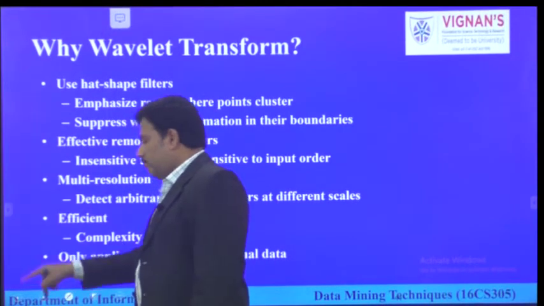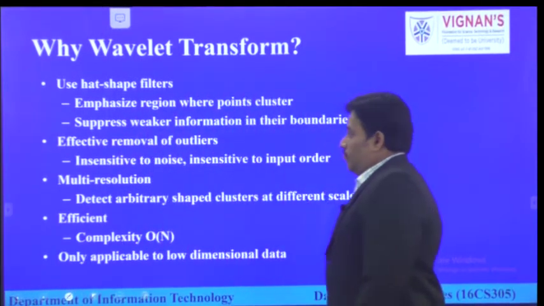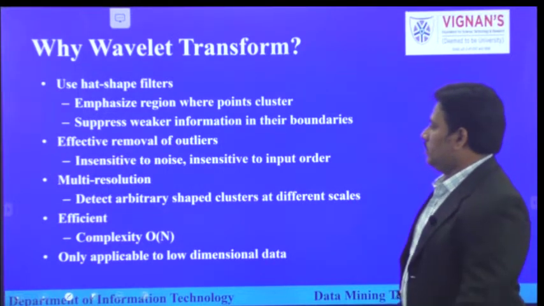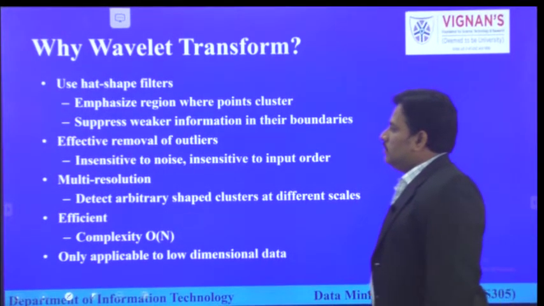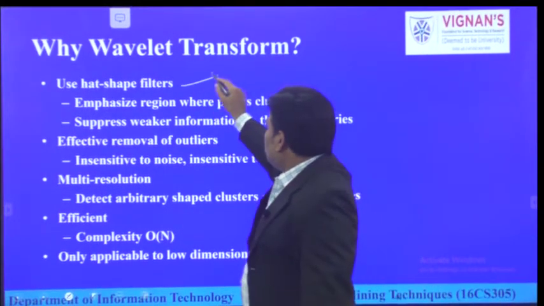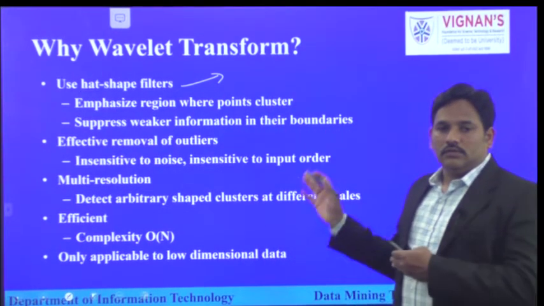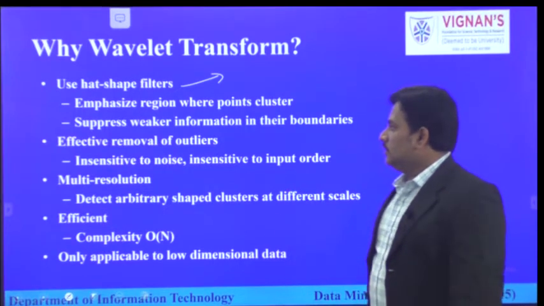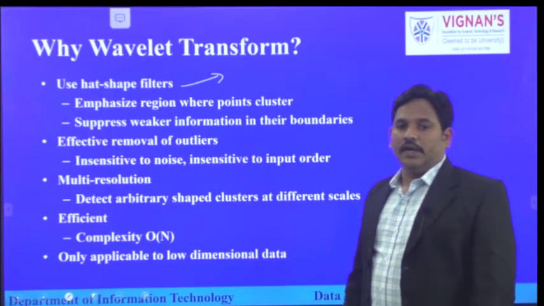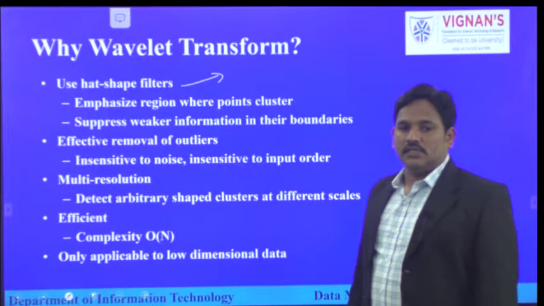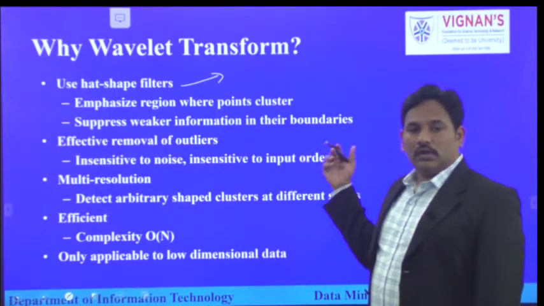Why do we want to go for a wavelet transform or discrete Fourier transform or any other transformation technique? These transformation techniques are made up of sharp filters. These filters will smooth the data and try to eliminate noise more effectively compared to other techniques.